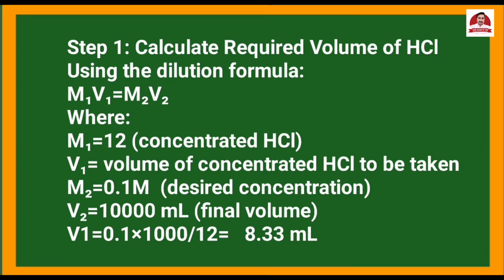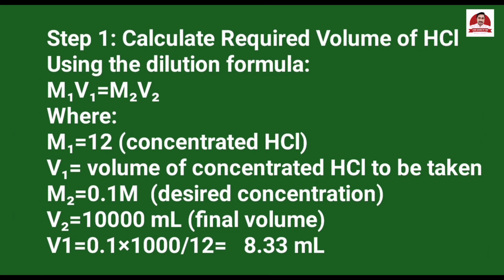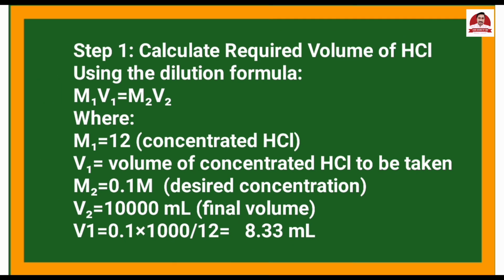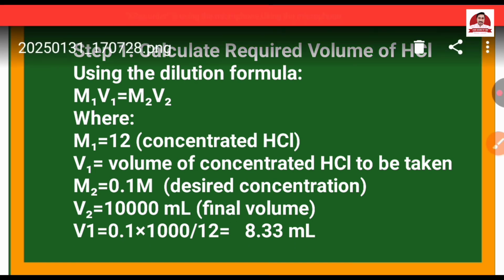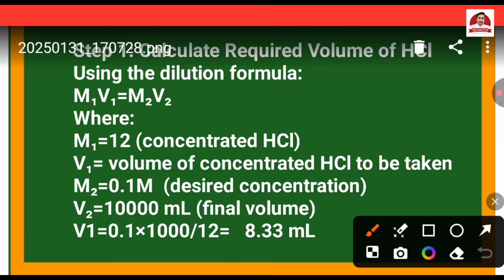First we calculate the required volume of hydrochloric acid using the dilution formula M1 V1 is equal to M2 V2, where M1 is the molarity of concentrated hydrochloric acid which is available in our lab or which we purchase from the market.